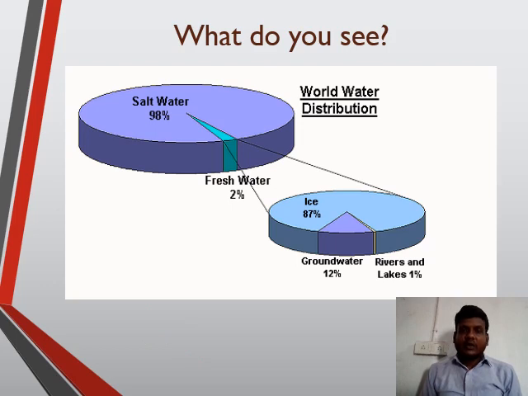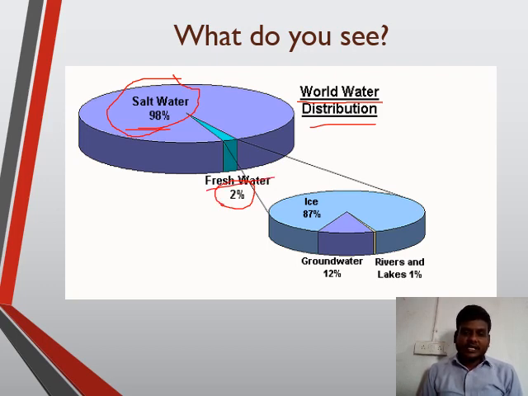What do you see in this picture? What do you observe? Write in the chat box. Here is the water distribution. You can see 98% of water is salt water. Only 2% is fresh water.